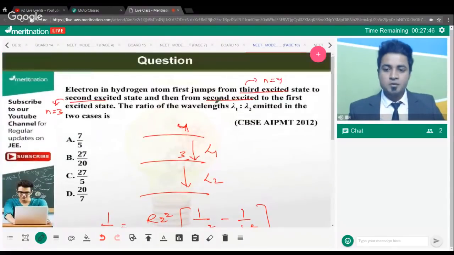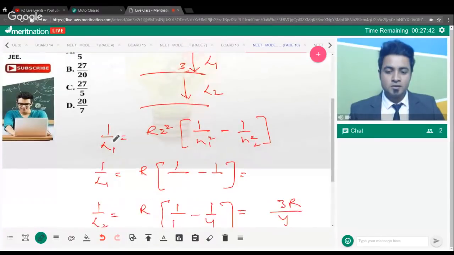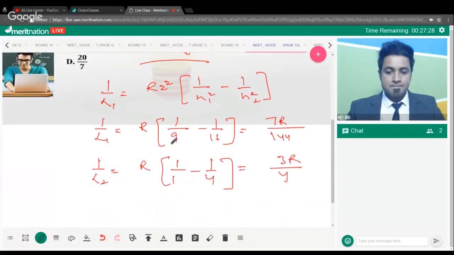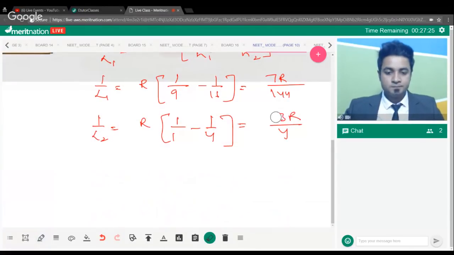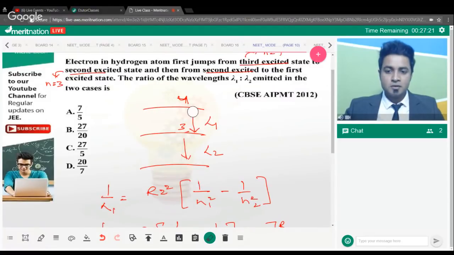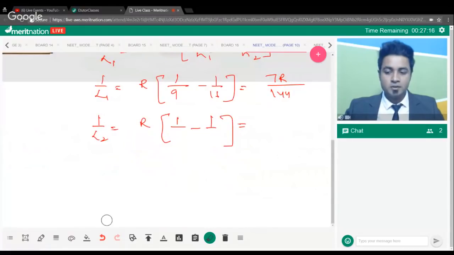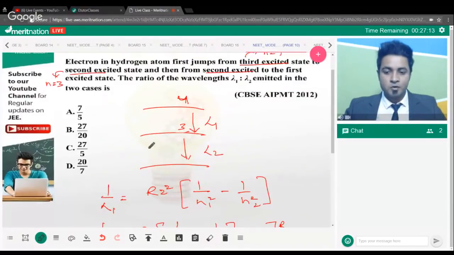Now it is jumping from third to the second, so 4 to 3. So this is going to be 9 and 16, and then again it will give you 7R upon 144. And this time it is the second excited to the first excited state, so 3 to 2.